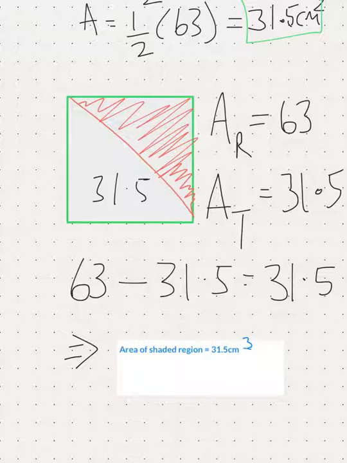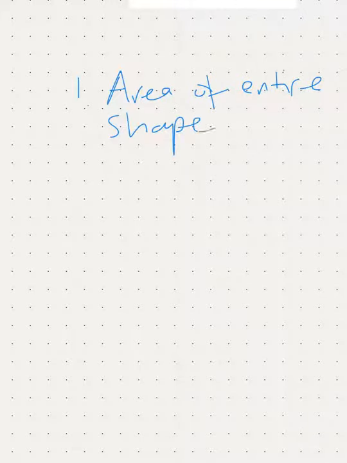Okay, good. So when you're dealing with these shapes, a shape within a shape, the best way to handle them, I think, is to, number one, calculate the area of the entire shape. So that could be a rectangle, a square, a triangle, it depends. Number two, calculate the area to be subtracted from the total area, for example, shaded or unshaded.